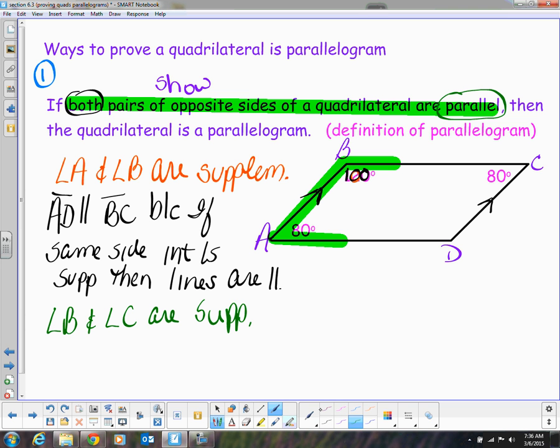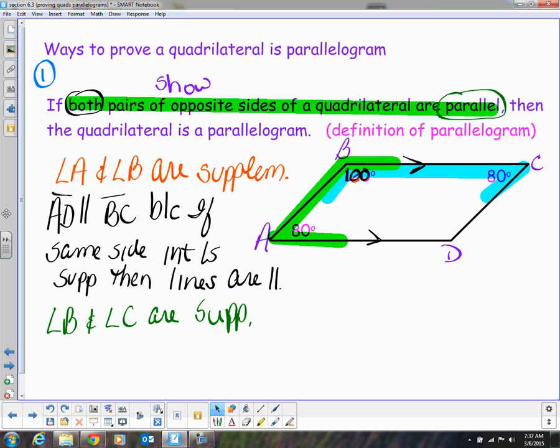Now I'm going to trace those with the highlighter. If angle B and angle C, just a minute, I put these on the wrong side. That arrow should be here, and that arrow should be there. Why should it be there? Because those are the parallel sides, the green highlighting.